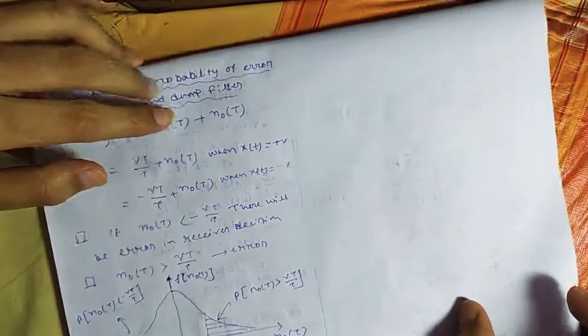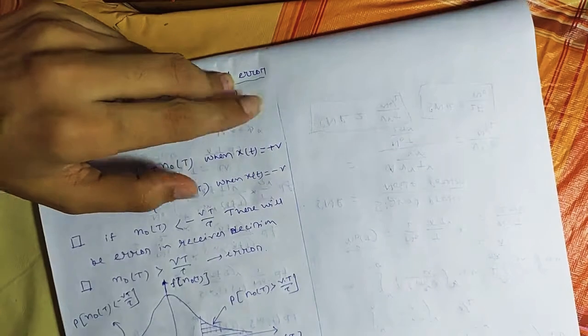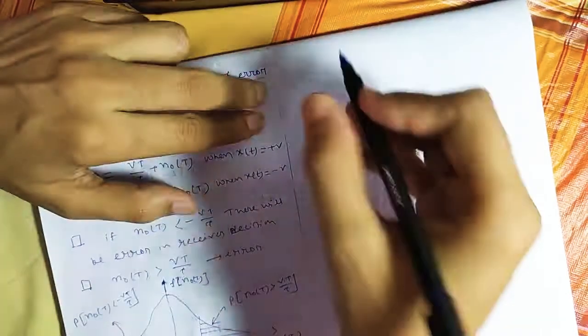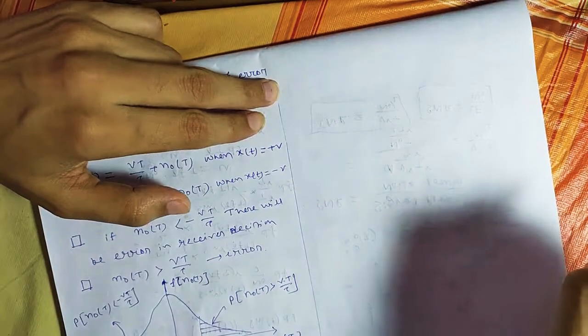Now we'll write the expression for the probability density function of n0(t).